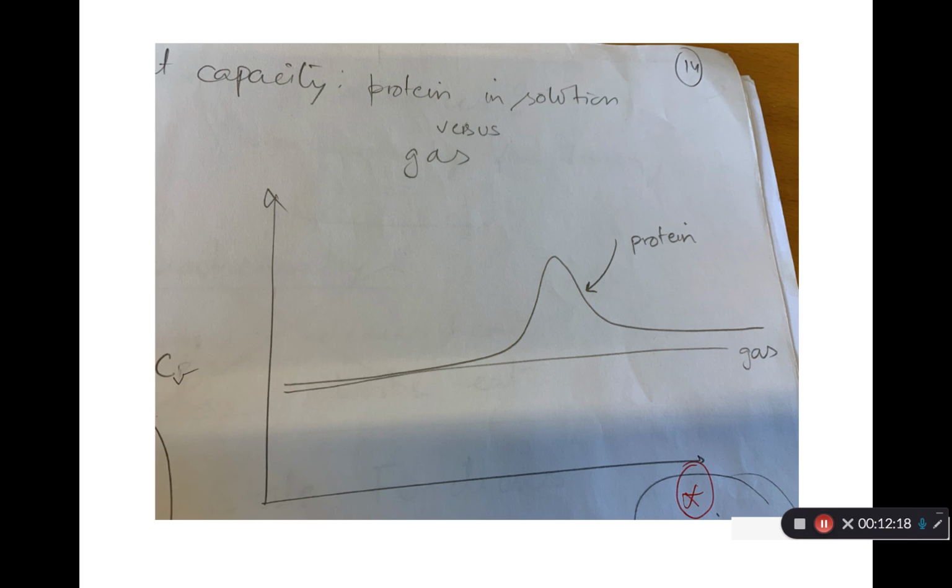We haven't talked much about how heat capacities change with temperature, but for an ideal gas, for a reasonable range of temperatures, the heat capacity is more or less constant with temperature. So here in this plot, you have heat capacity at constant volume on the y-axis and temperature on the x-axis. For a complex system such as a protein, this is a bit different.